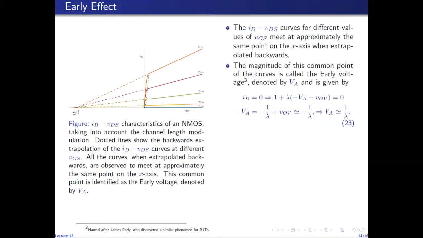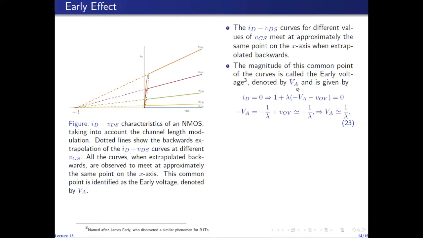I call this voltage at which the drain current goes to 0, in other words, at which the curves intercept the x-axis, the early voltage, and I denote its magnitude by VA.